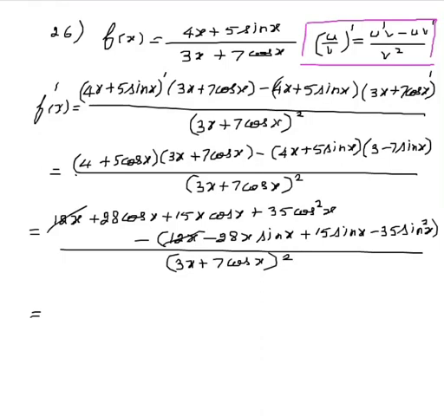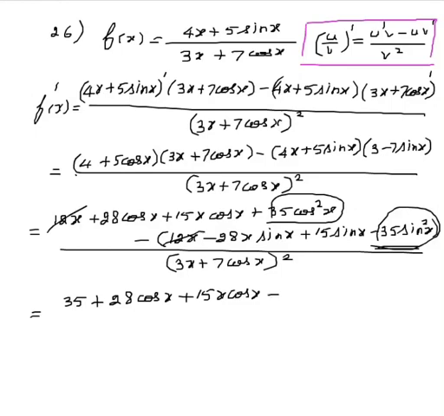Let us simplify. We can cancel 12x, 35 cos square x, and this is minus of minus plus 35 sin square x will become 35 times 1, plus 28 cos x plus 15x cos x.